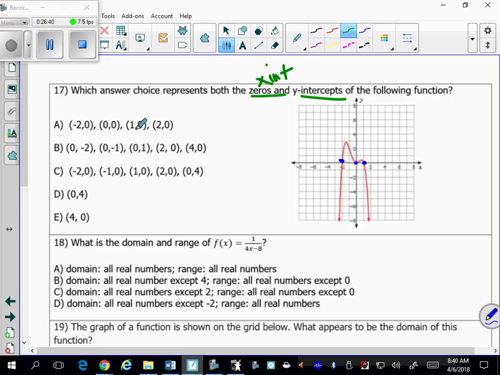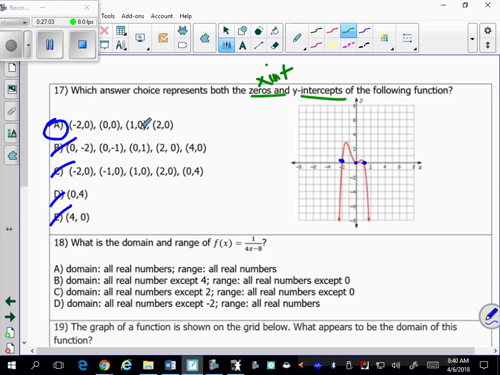I see 0. I don't see 1 though. So already we are all the way down to A, and the y-intercept is also at 0, 0, so something is wrong here. Shouldn't have 2 on there.